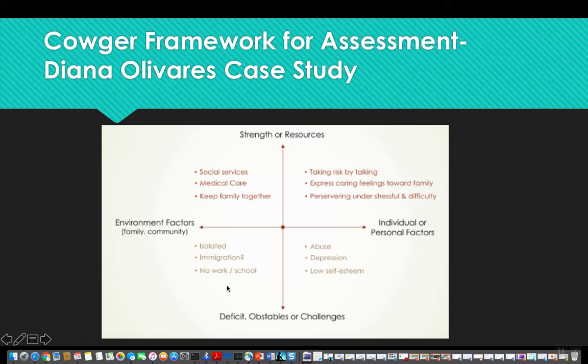And in terms of individual personal deficits or obstacles, she is willing to put up with the abuse, and she's experiencing depression and low self-esteem.